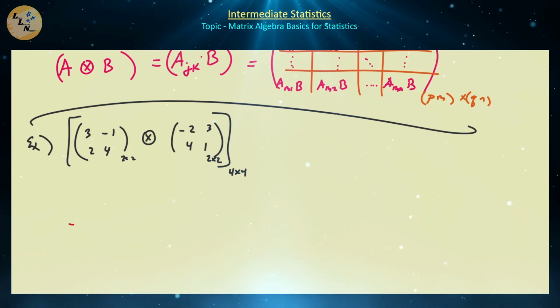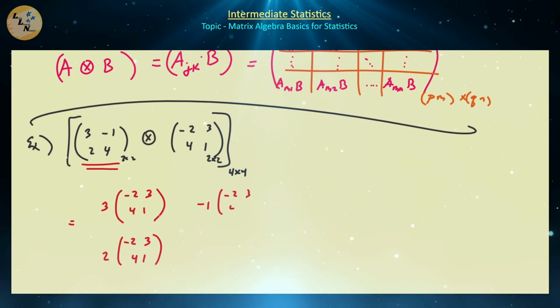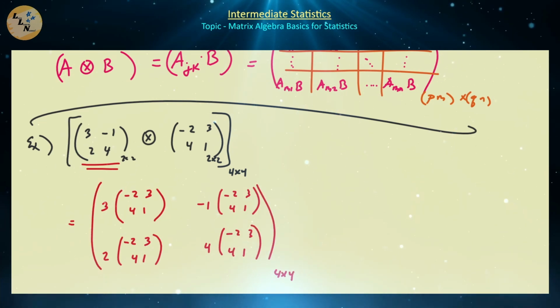We're going to take the first element, 3 of A, and multiply that by the matrix [-2, 3; 4, 1]. Then we're going to have 2 times that matrix. Then we're going to have -1 times that matrix. And then we're going to have 4 times that matrix. And this is our 4 by 4 matrix.